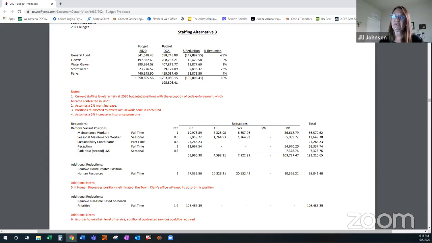In order to maintain levels of service, however, when we cut these types of positions, potentially we would need to add in contracted services or something else to make sure that we continue to maintain the level of service that the citizens expect. So just be aware of that. I've got some notes in there just to help you understand what the numbers are telling you. And again, you'll see the reductions are across all the different funds based on how these positions are allocated.